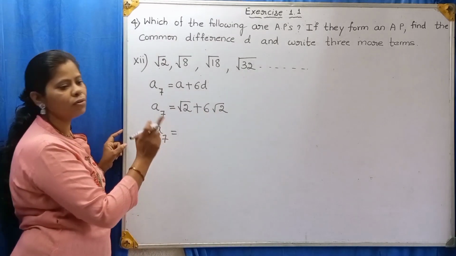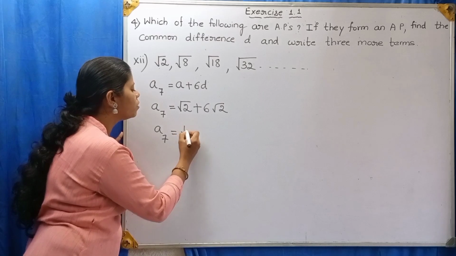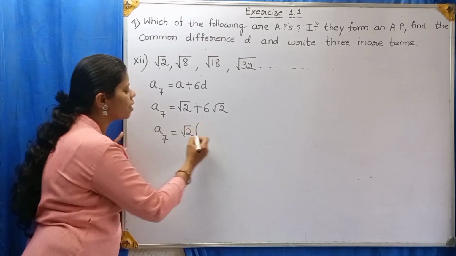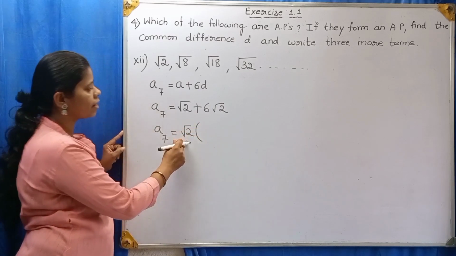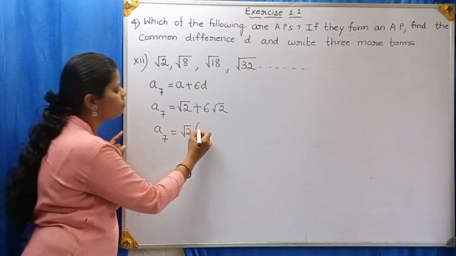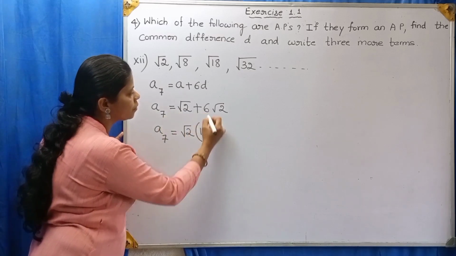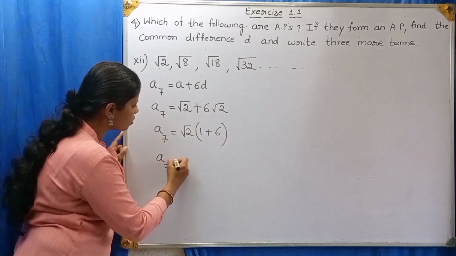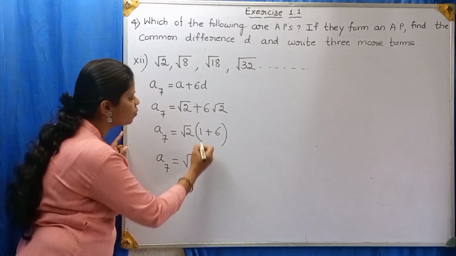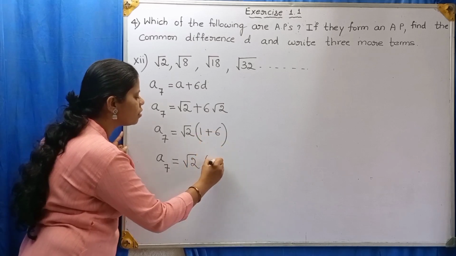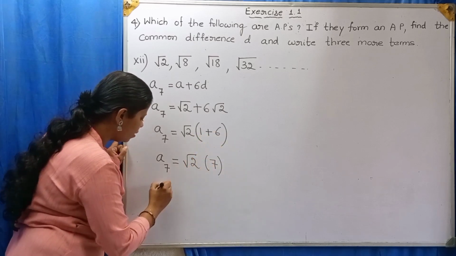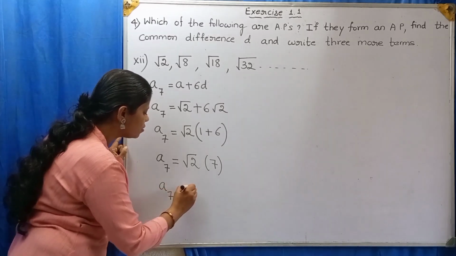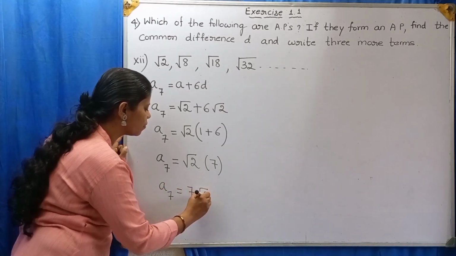Which is common in both? Root 2 is common in both. Therefore, take root 2 outside the bracket. Then what is left here? 1 plus 6. Okay. Then a7 is equal to root 2 times 1 plus 6. 1 plus 6 is what? 7. Then a7 is equal to 7 into root 2.